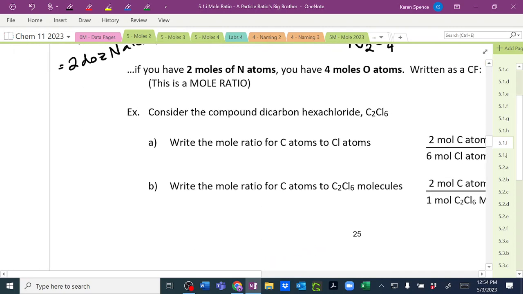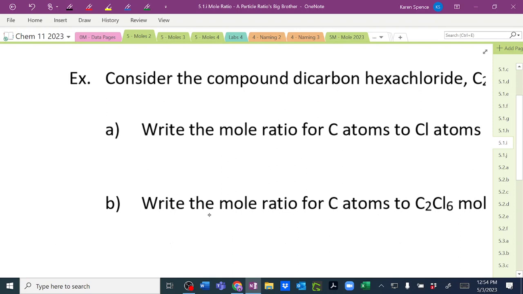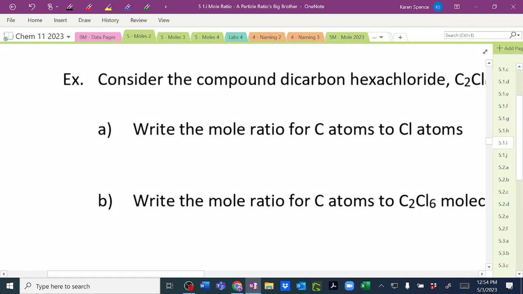Now, I'm going to move this over a little bit. Let's see what I can do with this. Bigger. There we go. So we have the compound C2Cl6. And I know it's written right there, but if it wasn't written there, could we write the mole ratio for carbon atoms to chloride atoms?